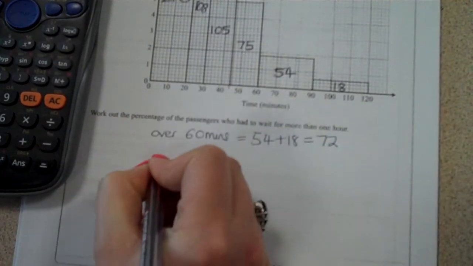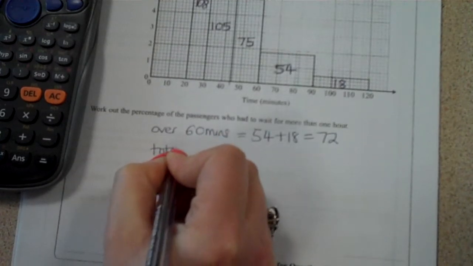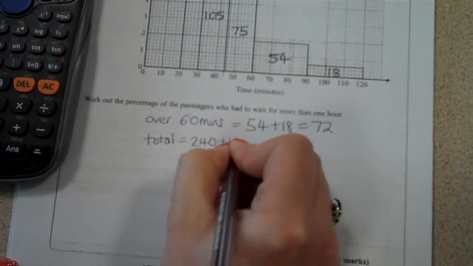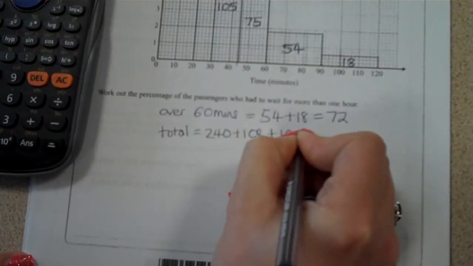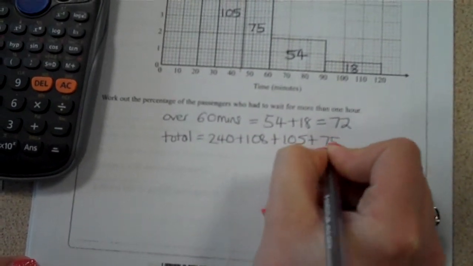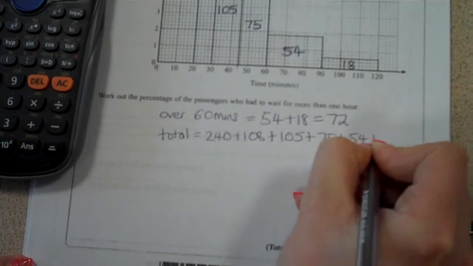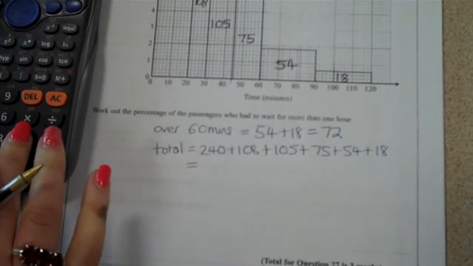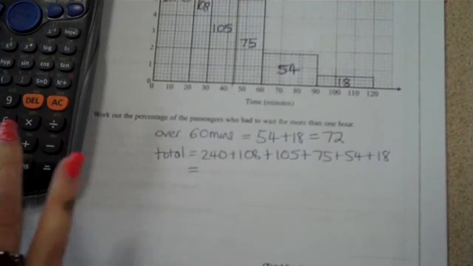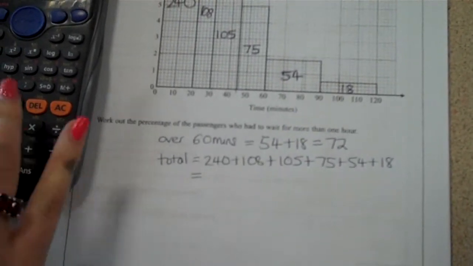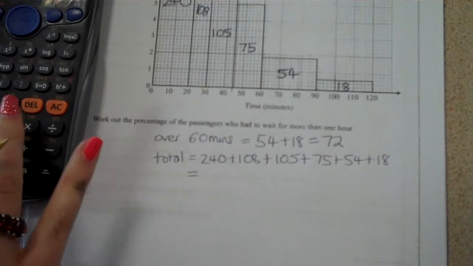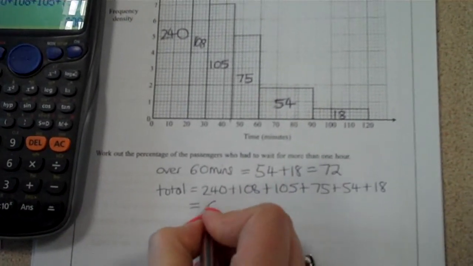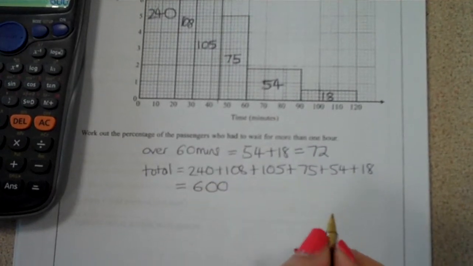And then my total, so all of them added together, and even though I've written them up the top, I would write them again down here so it's clear as to what I'm doing, just in case I make any errors. So 240 plus 108 plus 105 plus 75 plus 54 plus 18 gives me 600 in total.